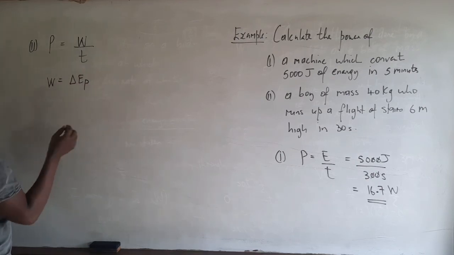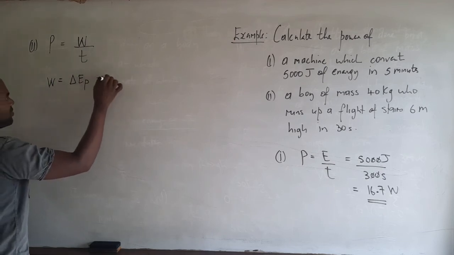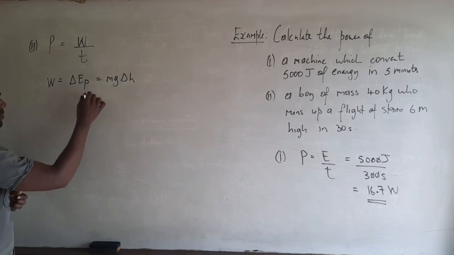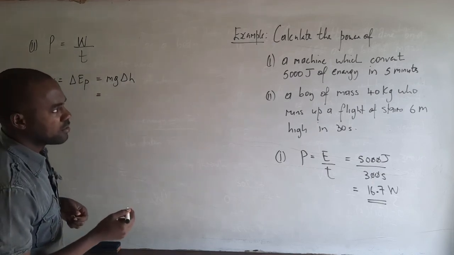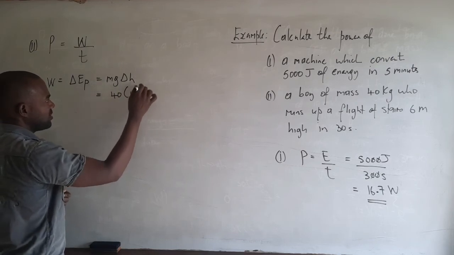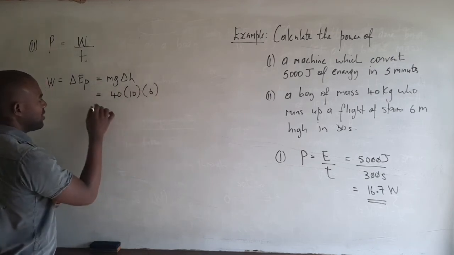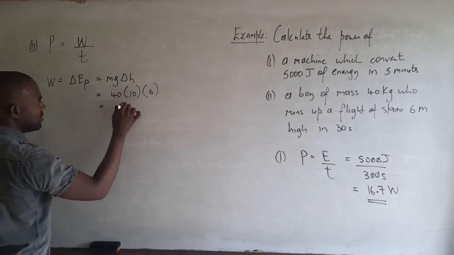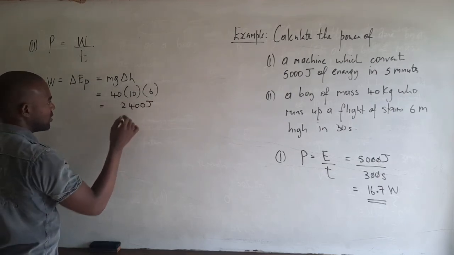And we calculate that using our formula, of course, mg delta h. So the work done is equal to the boy's mass, which is 40 kilograms, and again, we take g as 10 and the height 6. And so this gives us 2400 joules. Right?